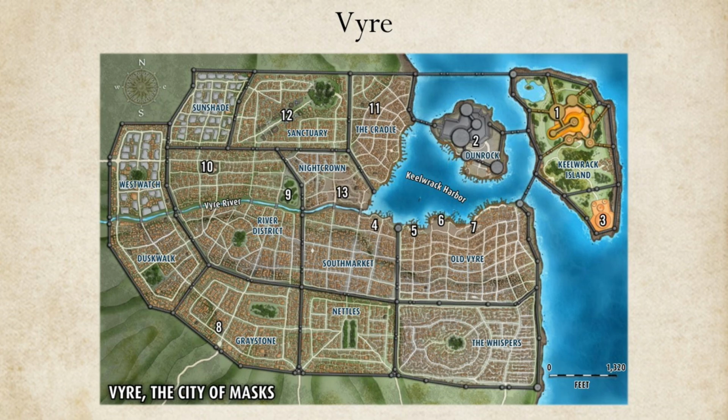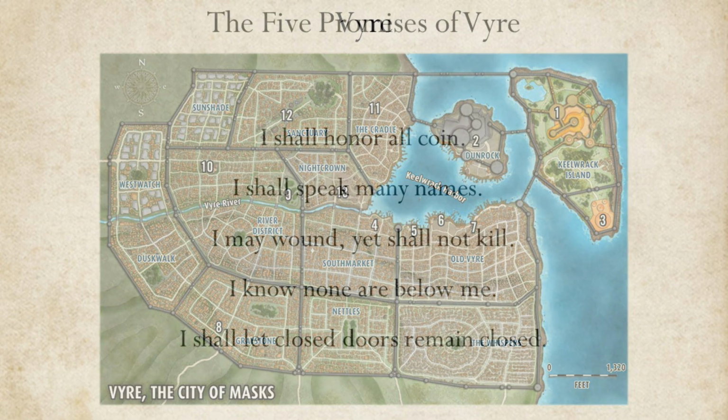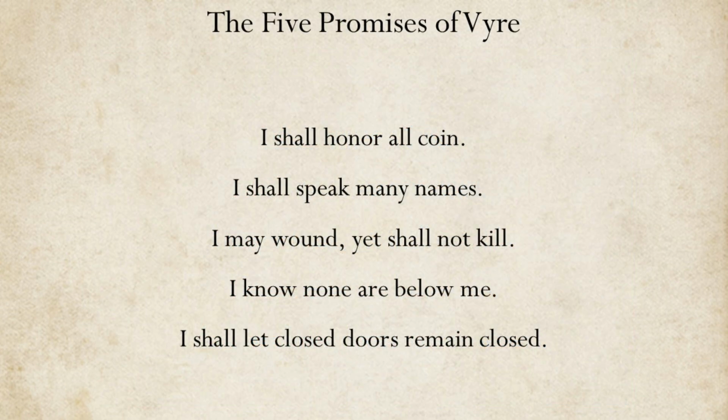Trade is conducted with no concern for tariffs, taxes, or restrictions, and few, if any, goods are deemed inappropriate for sale, assuming someone is willing to buy. A total of 5 laws govern life in Vyre. These rules, called the 5 Promises, are posted throughout the city, and are generally upheld by all citizens without question.